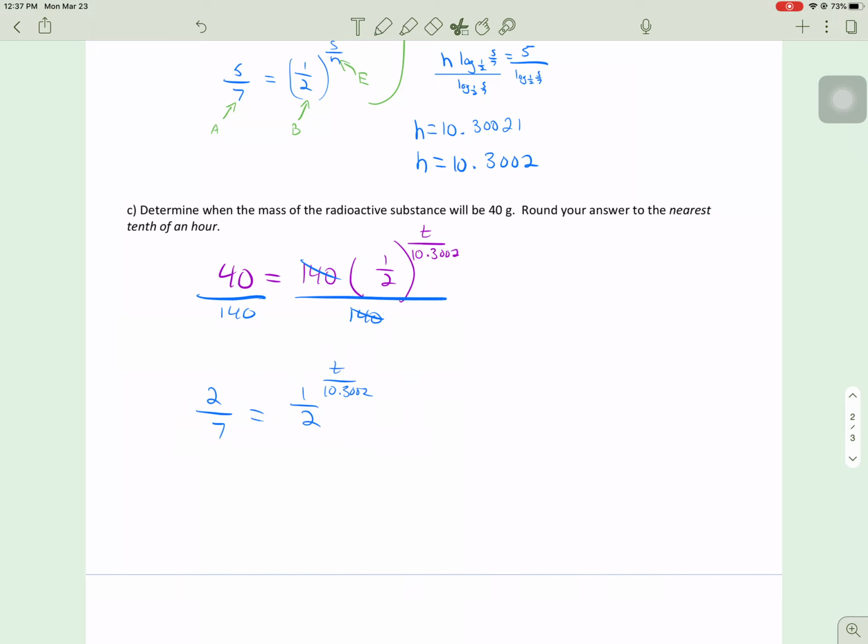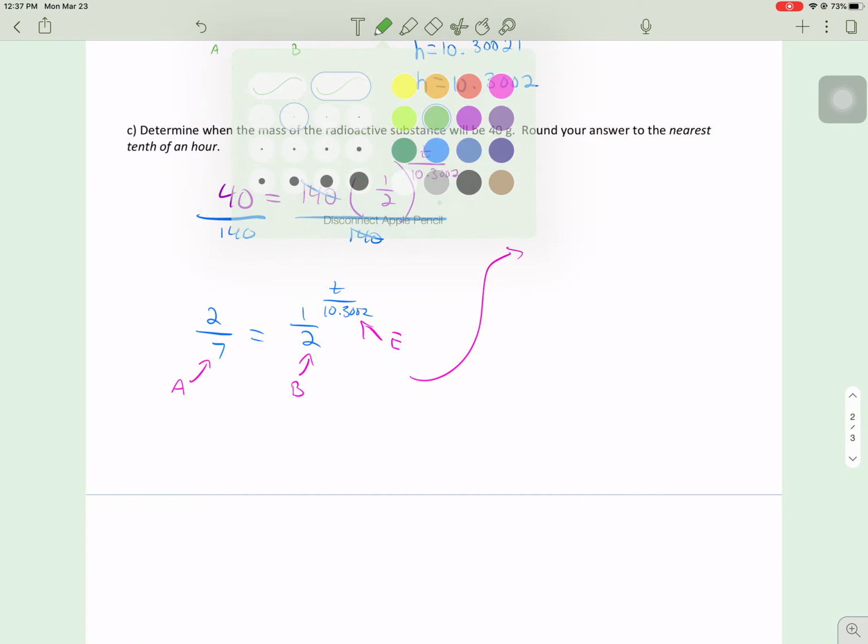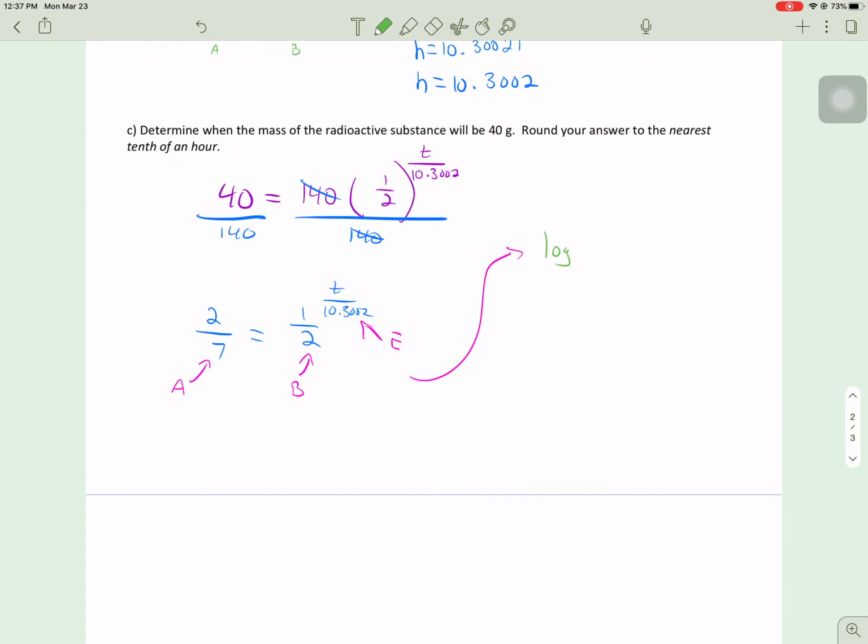There you go. Now, variable is an exponent, log base, answer, whole thing is the exponent, becomes log base 1/2 of 2/7 equals t over 10.3002.